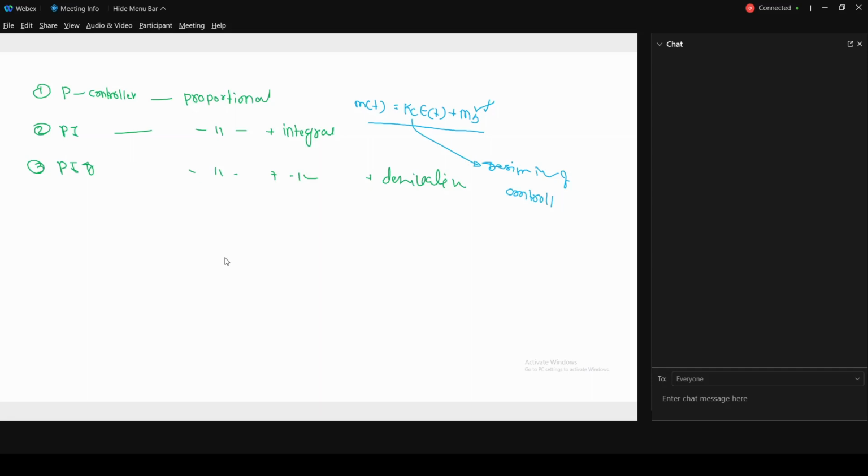So in this equation, we have Kc, we know m s, and epsilon of t is the error at that time between the set point and the measurement. Correct? The set point I know, because I am the person who is going to control the system. I know that I want to control it at 7 meters, or 10 meters, or 5 meters.